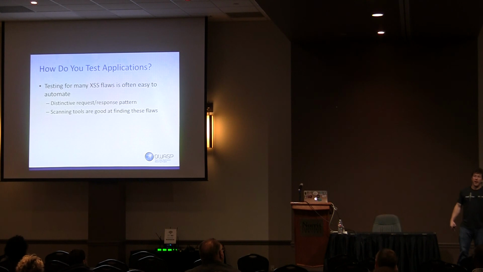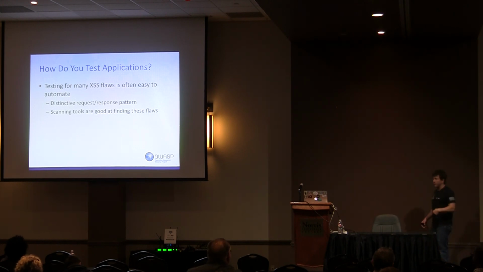Then I get back ampersand lt semicolon script, ampersand gt semicolon script. Okay, well that means the application's doing what it's supposed to do. But if I get back that bracket script bracket in the place where I passed it in, or some other identifier, okay, hey, this application's not properly encoding HTML, and it's vulnerable to reflected cross-site scripting here.